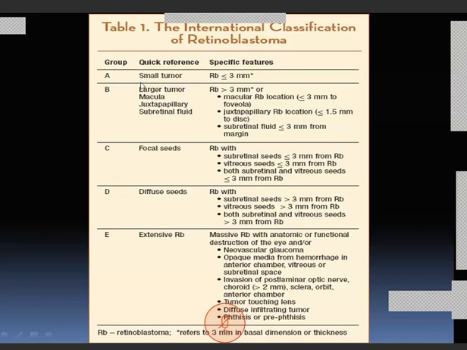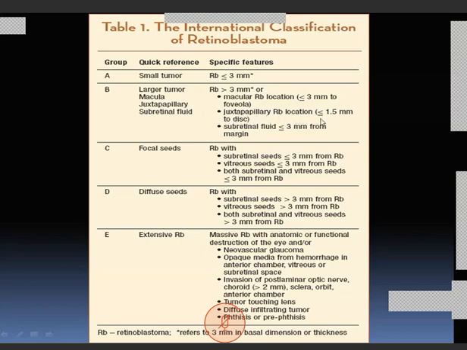Group A is the small tumor that is less than or equal to 3 millimeters in size. Group B is a large tumor that is more than 3 millimeters, or from the macular area, if the location is less than or equal to 3 millimeters from the fovea, or juxtapapillary, that is surrounding the disc area.